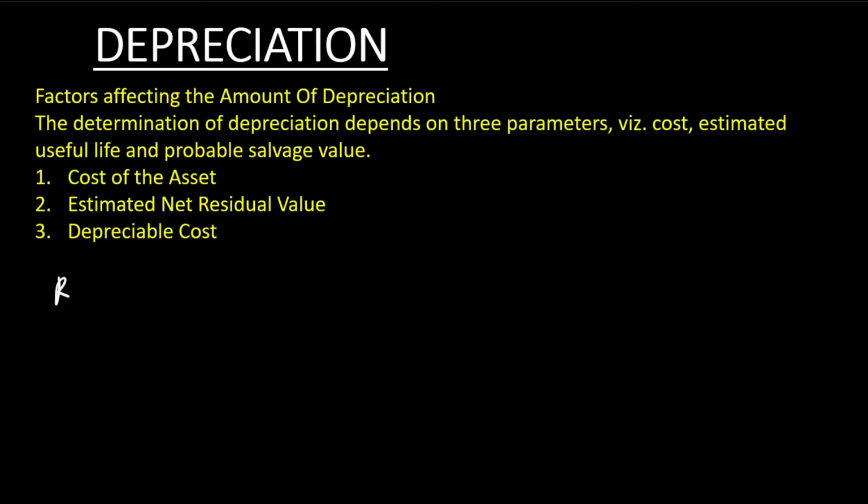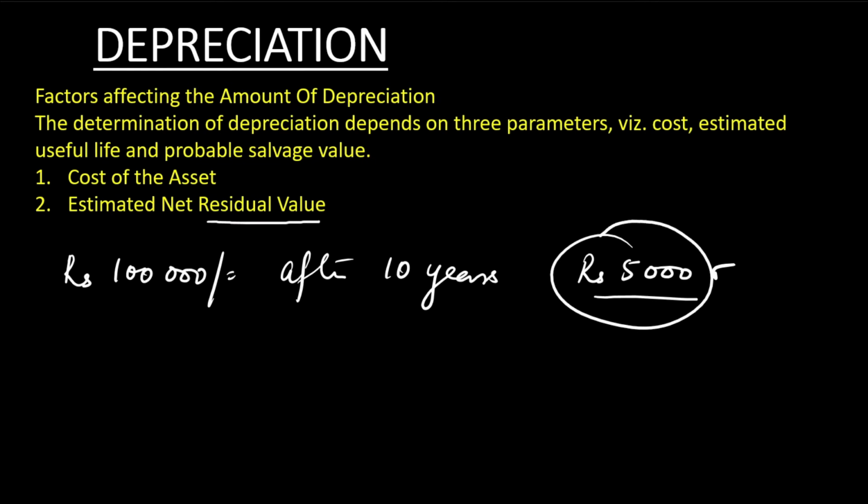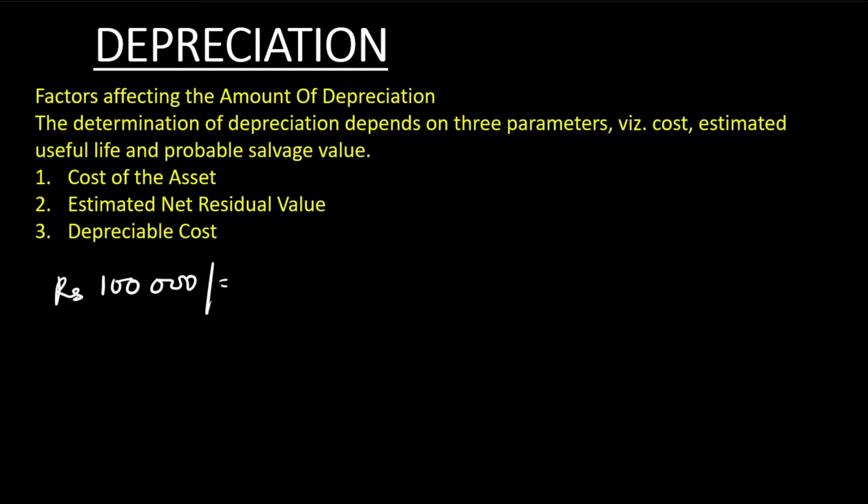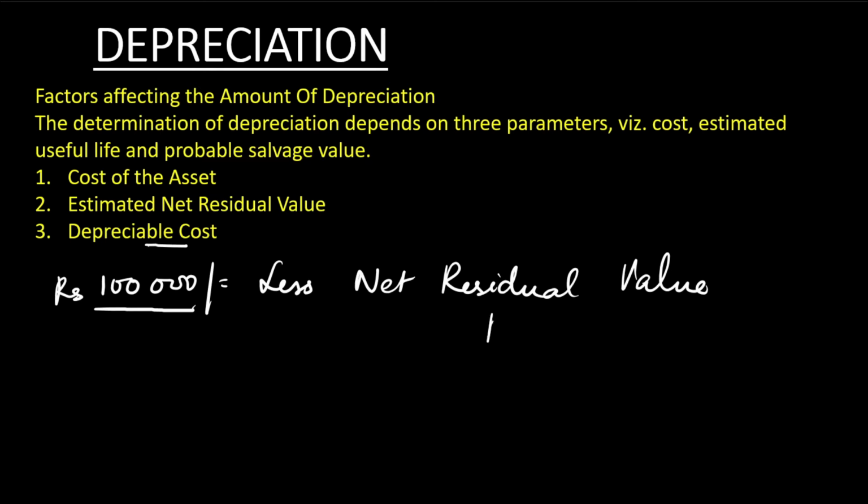If the cost of the machinery in this case is 1 lakh, and the residual value, as we have seen above, is 5,000, then the depreciable cost will be the cost of the machinery less the net residual value, that is rupees 5,000.